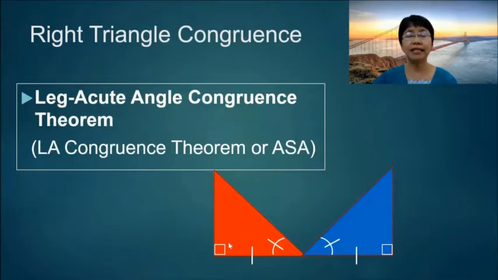We see that we have an angle-side-angle congruence. But since these are right triangles, we can just focus on the leg and the acute angle.